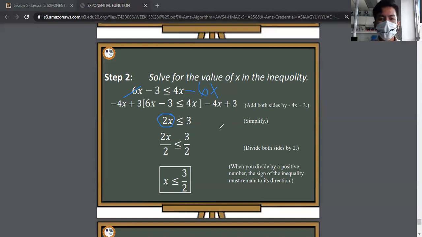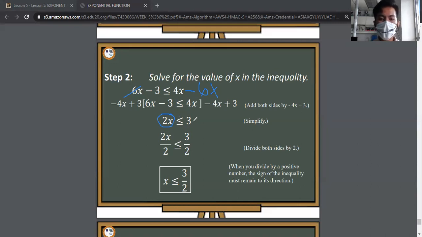Okay po. So, 2x is less than or equal to 3.